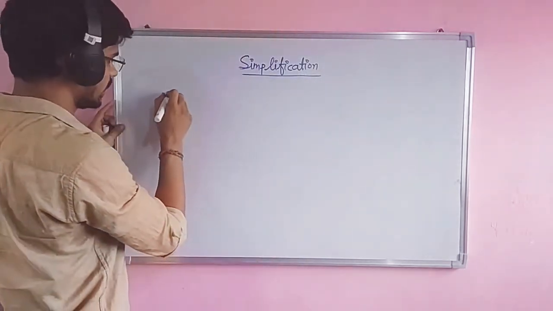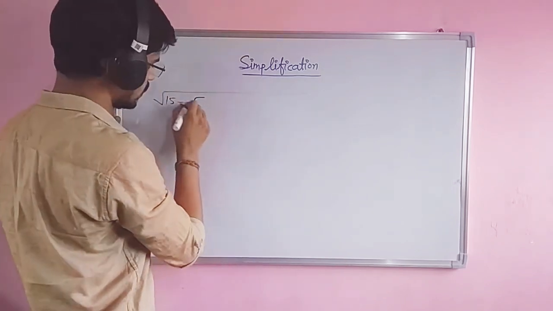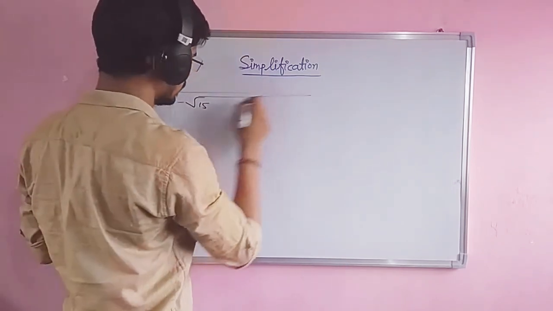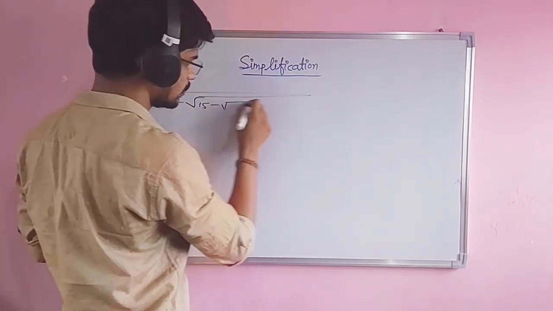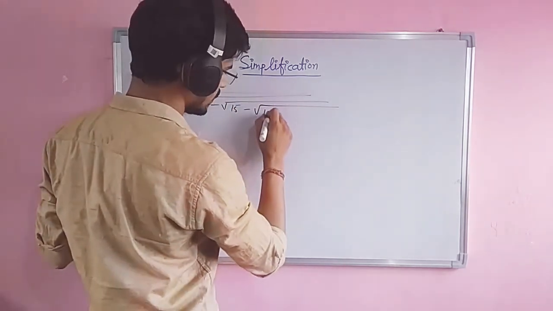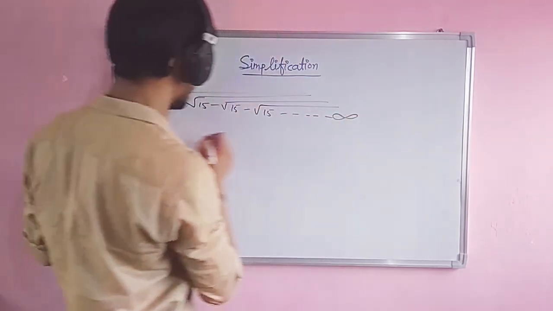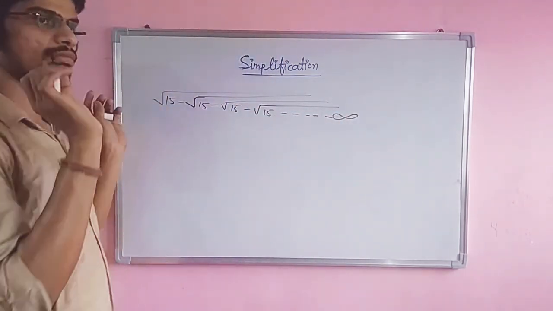Next, if we have a question of a different type, that is under root 15 minus under root 15 minus under root 15 minus under root 15 up to infinity times. Let's take the basic method.